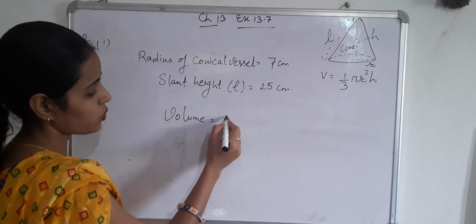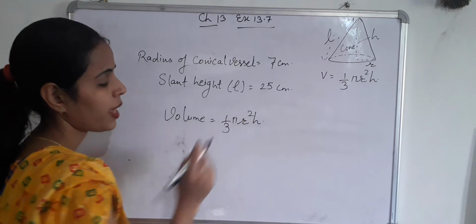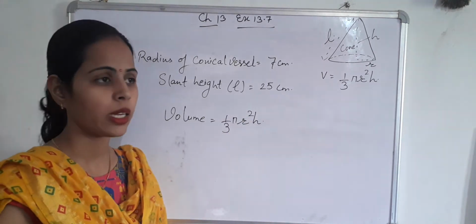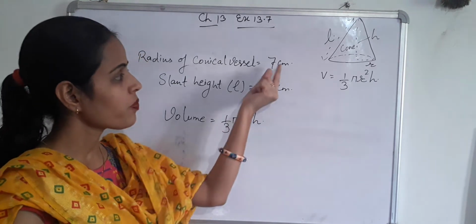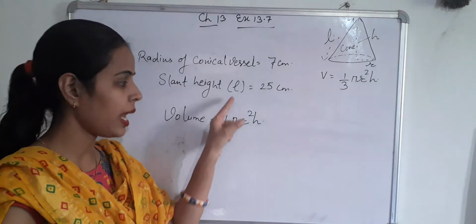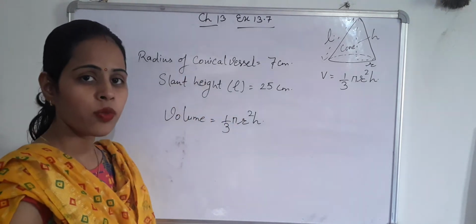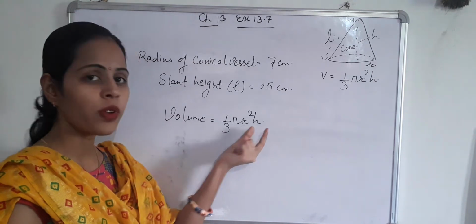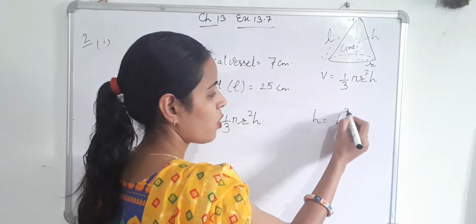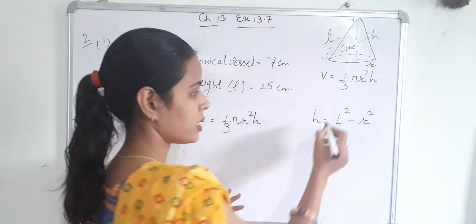Volume equals 1 upon 3 pi r square h. R is used for radius and h is used for height. Here radius is given 7 centimeter, but height is not given. Slant height l is given. With the help of this l and r, first we have to calculate the value of h. H equals square root of l square minus r square.